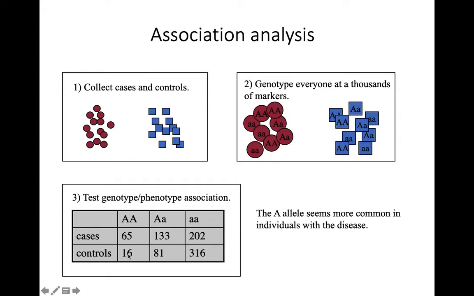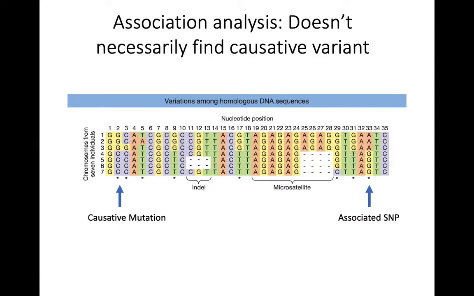One can do a statistical analysis of these associations, either through a chi-square test or something called Fisher's exact test, and show statistically, in this case, that the big A allele seems to be more common in individuals with that disease. And that suggests that you may have found a gene that contributes to variation in the disease trait.